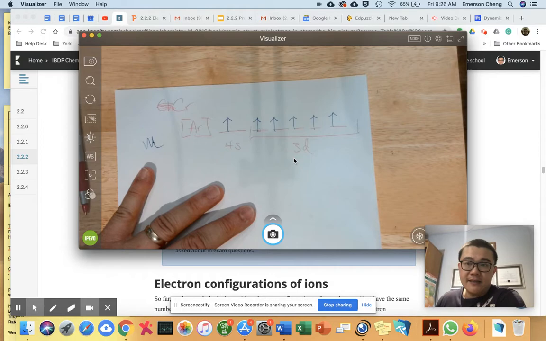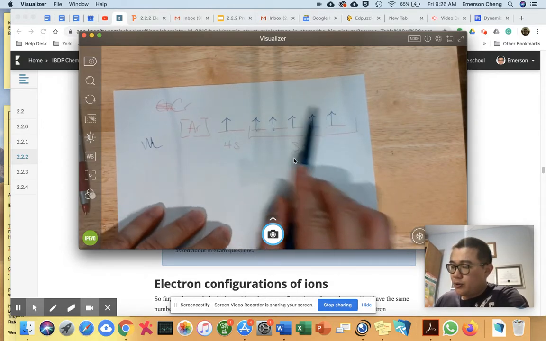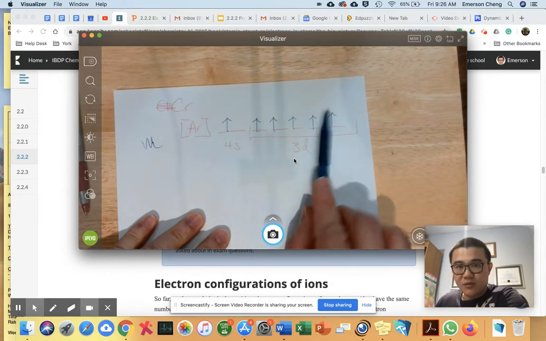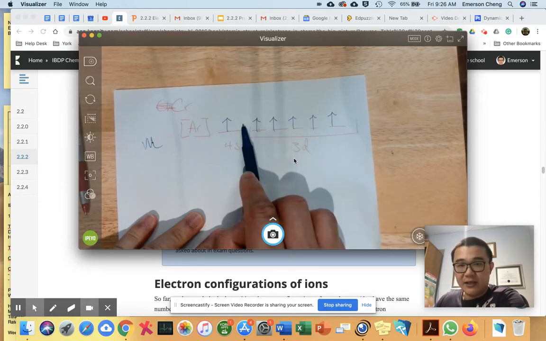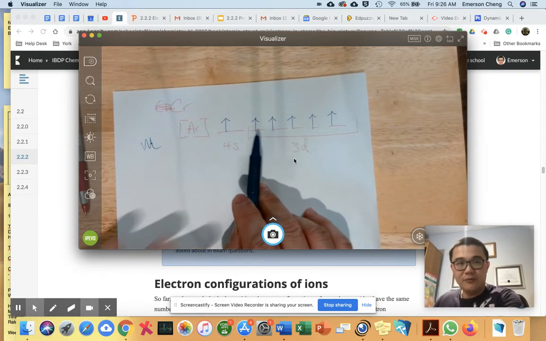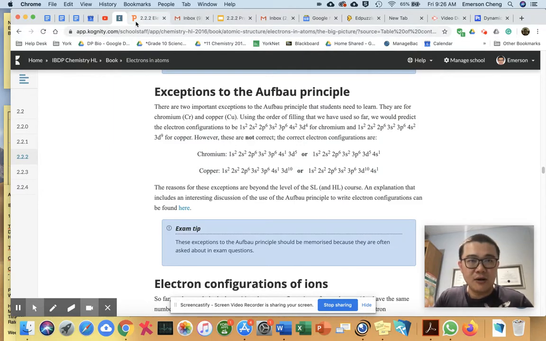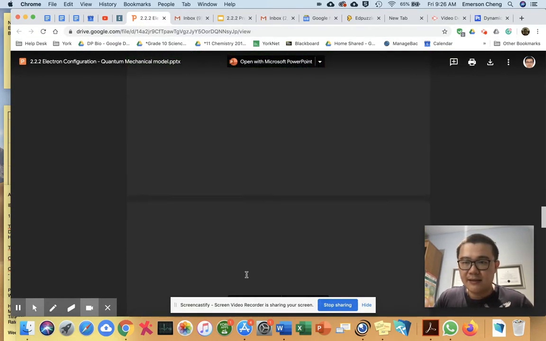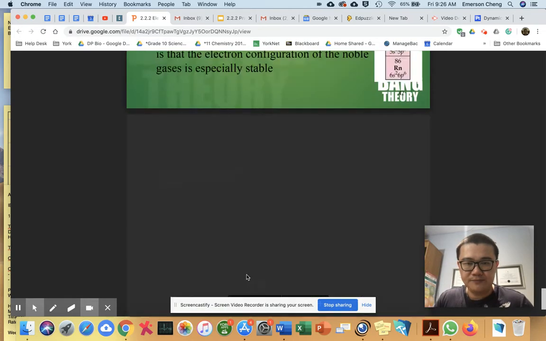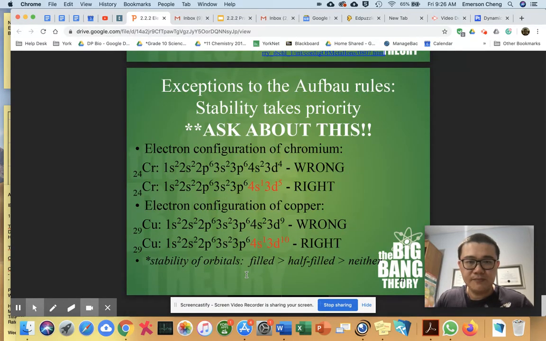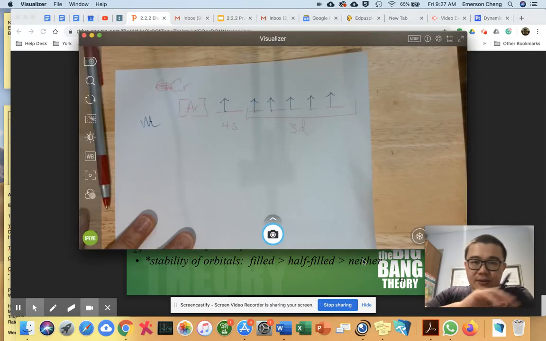In this case, the reason why this works rather than keeping one of these here is because, remember what we said on the last slide, you want to have stability. Filled shells are more stable than half filled, and half filled is better than neither.